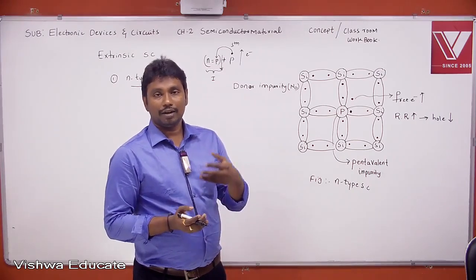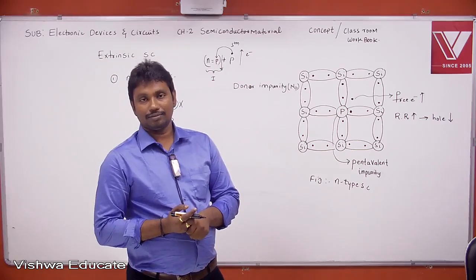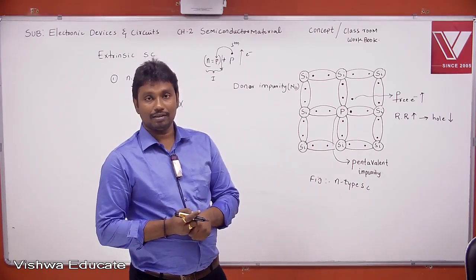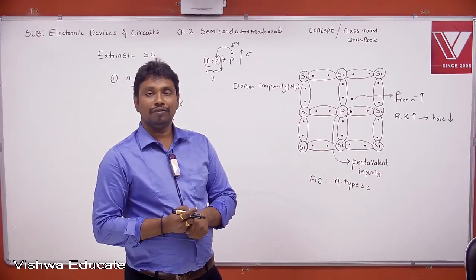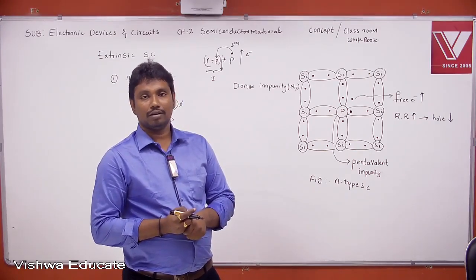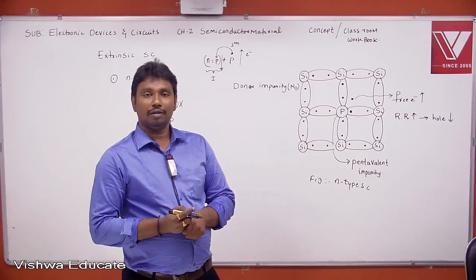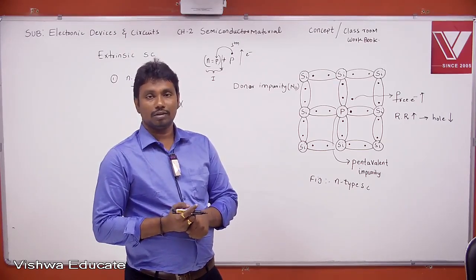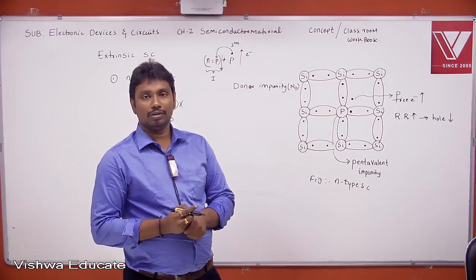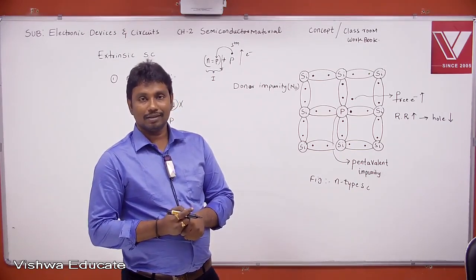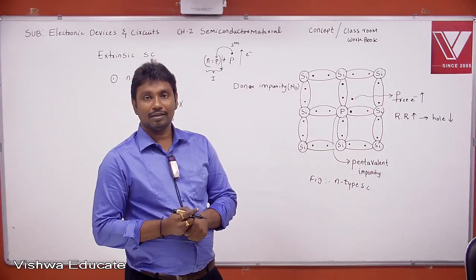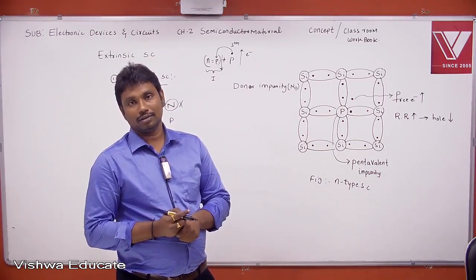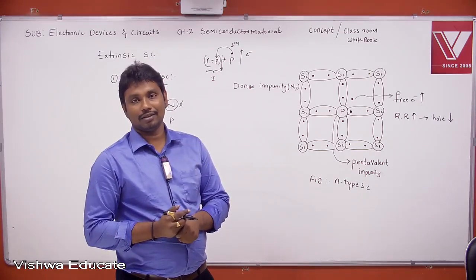Right? Recombination rate increases. That is, few free electrons recombine with holes. As a result, hole concentration decreases.